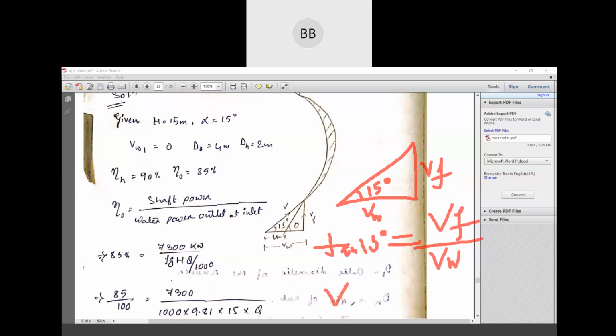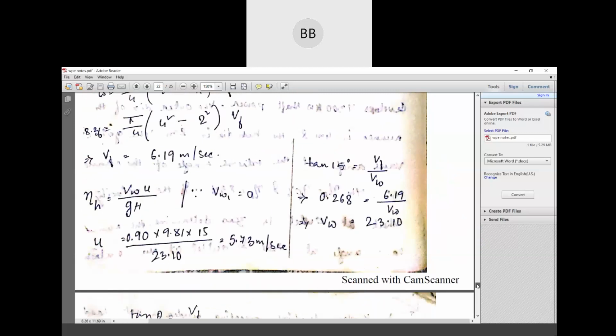From there, you can find out the VW value. So tan alpha is equal to perpendicular by base. With this equation, you can find out the VW value, and this is also unit of meter per second.